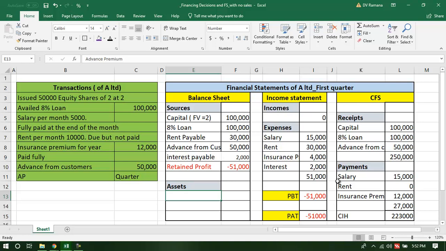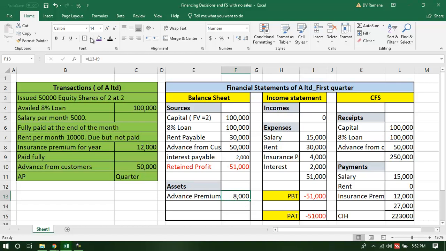Let me pick up one or two things once again. If you see the insurance premium, we paid 12,000, but the expense is 4,000. So if any expense is paid in advance, it's a benefit unexpired. Out of this 12,000, 4,000 is expense, and the balance 8,000 is considered as an asset, because the benefit of that 8,000 is still to accrue in the next 3 quarters.